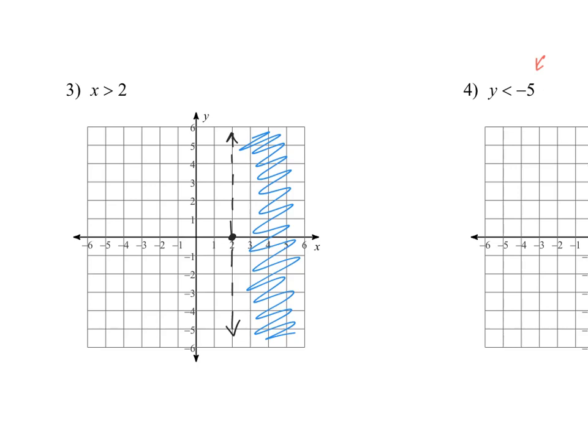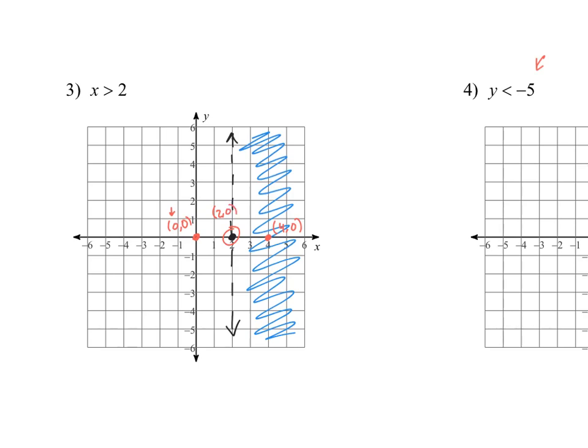And you can check the exact same way. You can pick a point in the non-shaded area, you can pick a point on the line, and then you can pick a point in the shaded area, and let's see if this works. So I have, again, I'm using only my x coordinates.